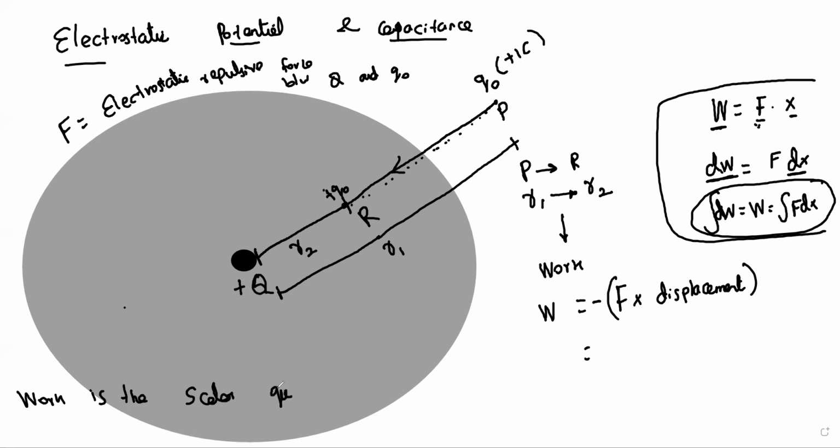Since it is a scalar quantity, if you write it, you have to mention whether it is positive or negative. So the formula says W is equal to minus F into displacement. Is that clear?